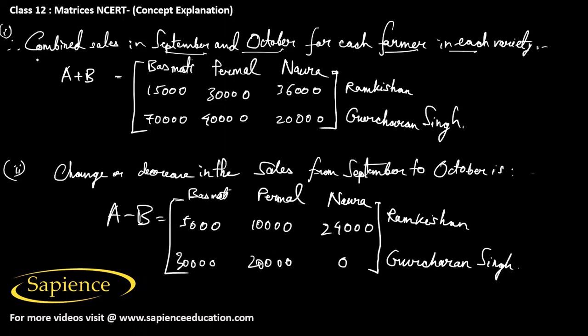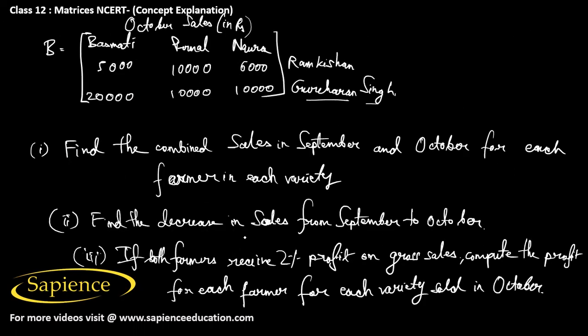Then the third part of the question says that if both farmers receive 2% profit on gross sales, compute the profit for each farmer for each variety sold in October.